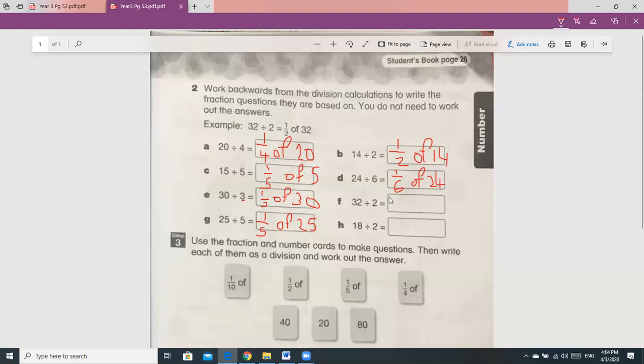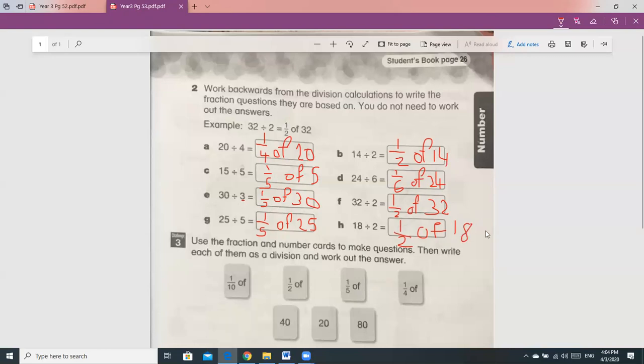Okay, 30 divided by 2 means half of 32. 18 divided by 2 means half of 18.